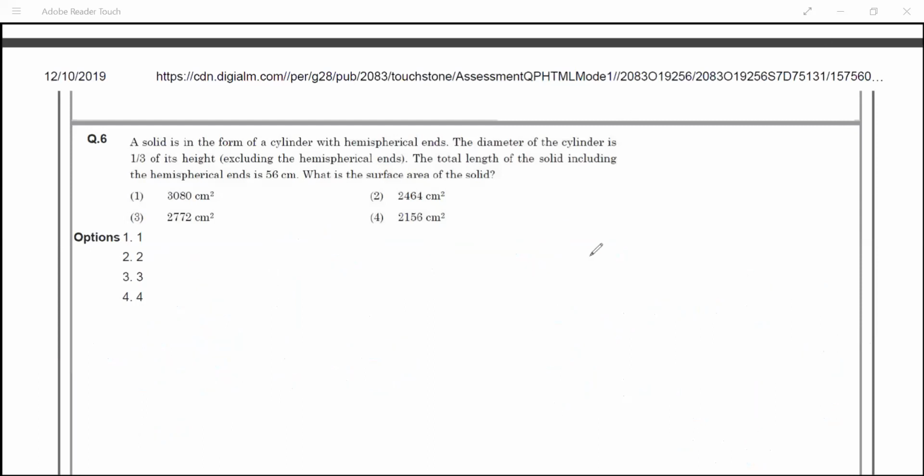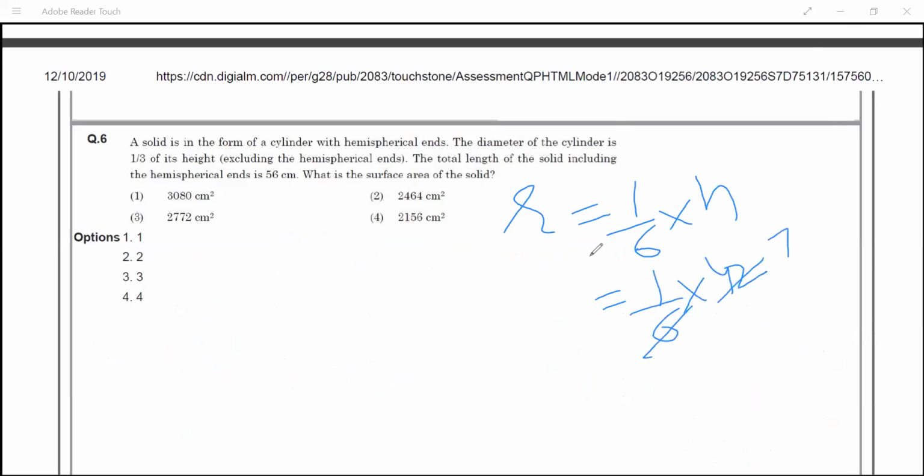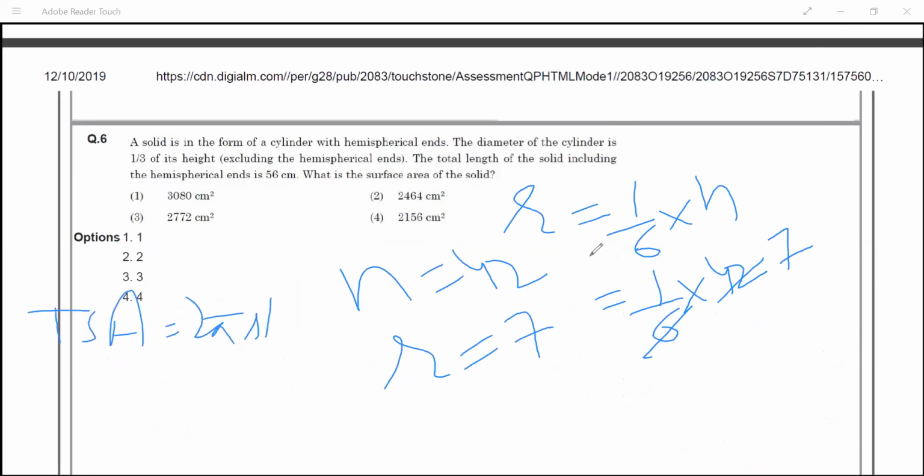Next, what we have to calculate is the radius. Radius is 1/6 of height. So 1/6 of 42 means 7. So our h is 42 and our radius is 7. Now we have to apply the formula: 2 pi r h plus 2 multiplied by 2 pi r square.